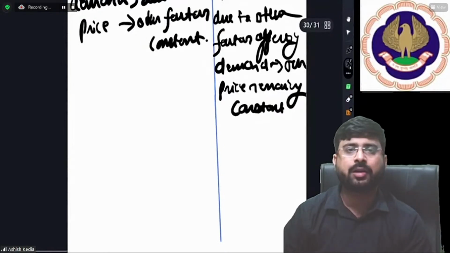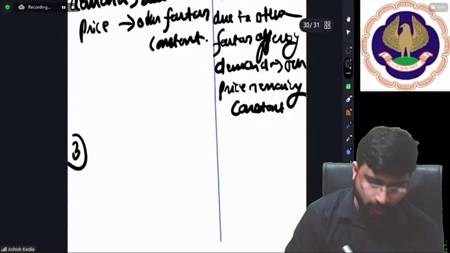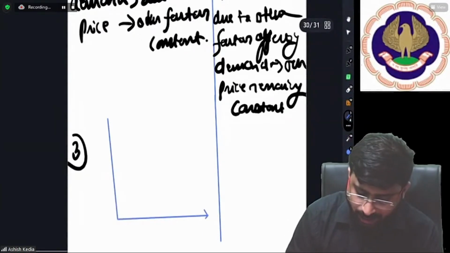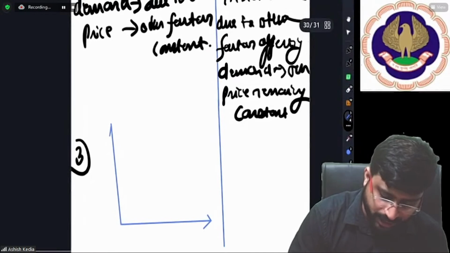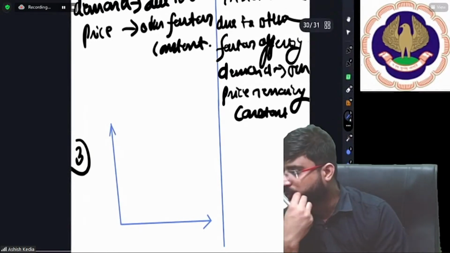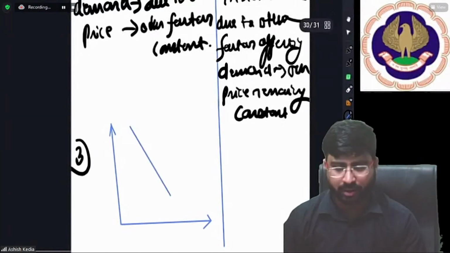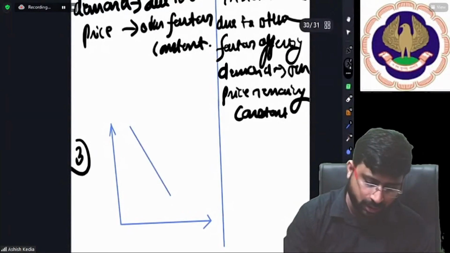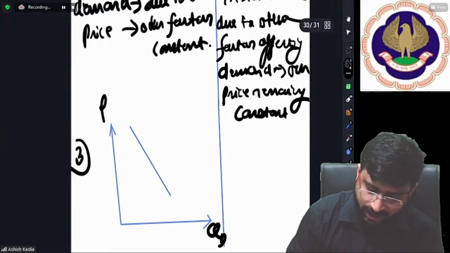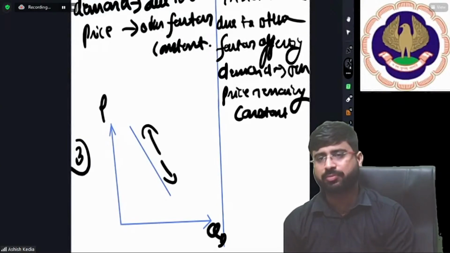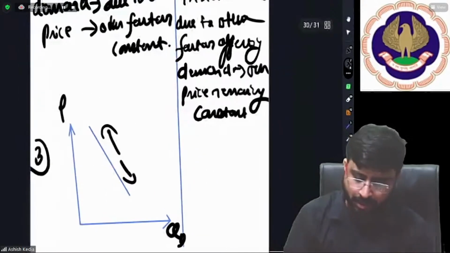Yes, sir. So in movement, if you talk about the graph, you move along the same graph. If I am drawing a graph for the demand curve, with price here and quantity demanded here, along the same curve you will move upward or downward. That's movement. But what is shift?